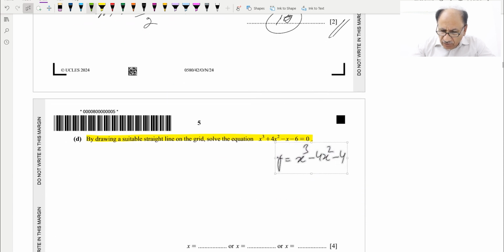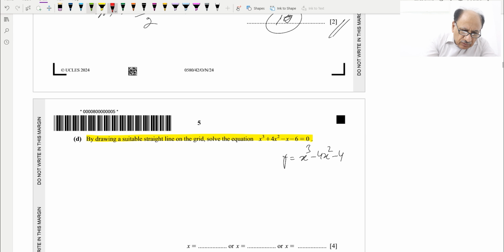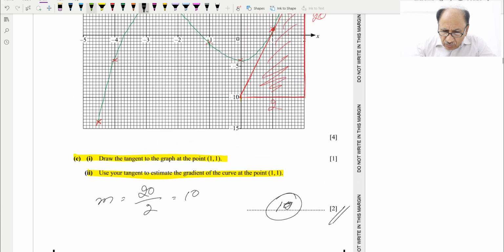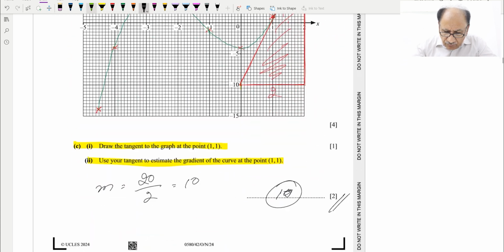So this is our y, and if you check the given equation, I'm talking about this given equation. So x cube is the same, this one, minus x4. It is basically minus x4 or plus x4. Let me check. It is plus x4.